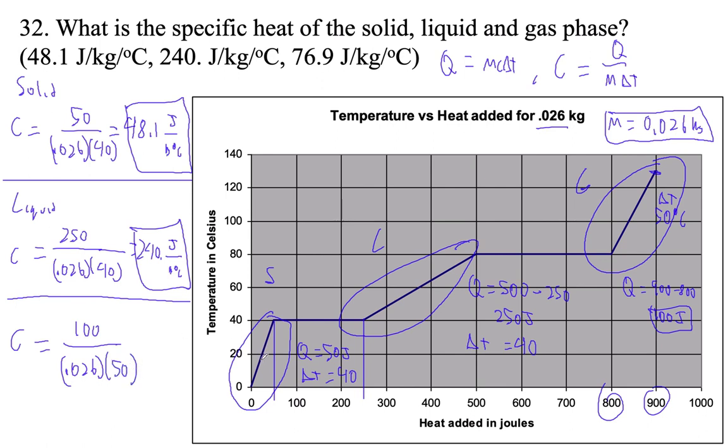So 100 divided by 0.026 divided by 50. And that's 76.92. And that's joules per kilogram degrees Celsius. All right.